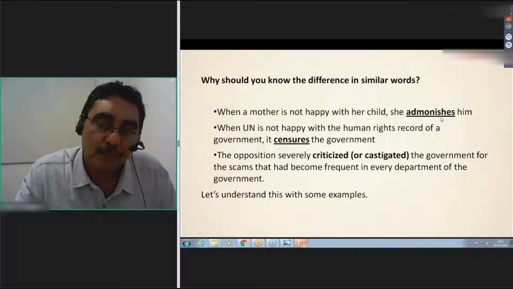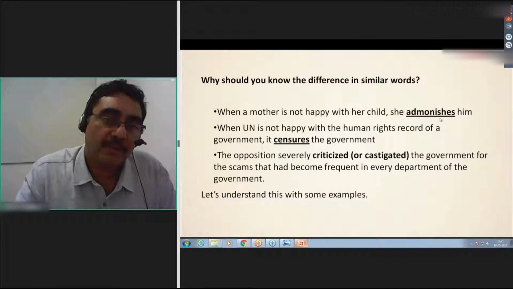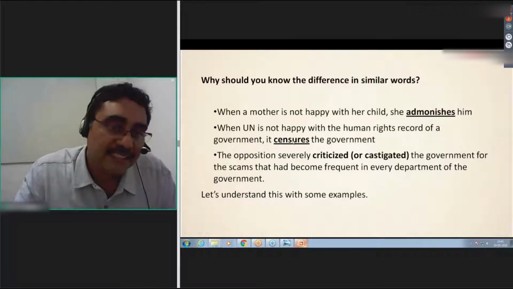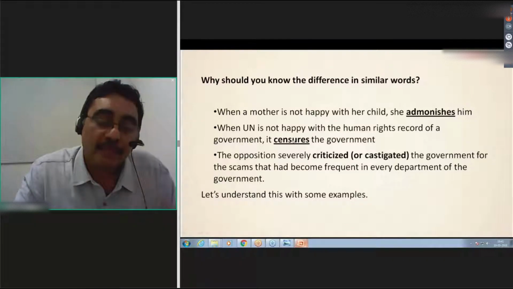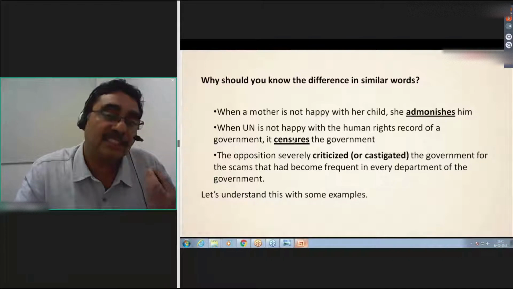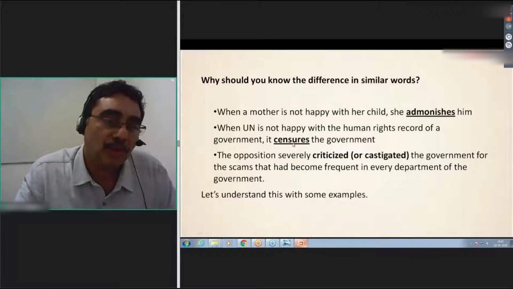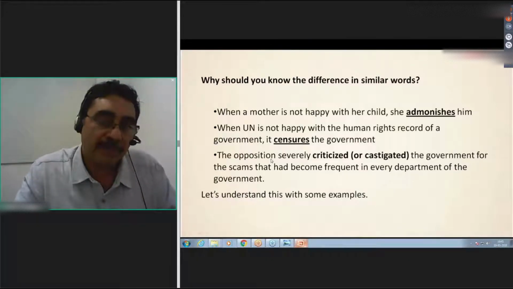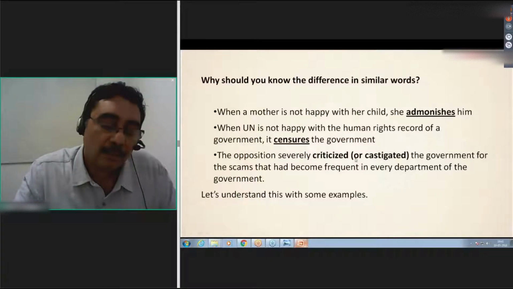In that informal context, you will use admonish, right? But when the context is serious, let's say a human right violation, and you criticize somebody for a very serious issue and the context is very formal, you would use a word called censure. Is it fine?